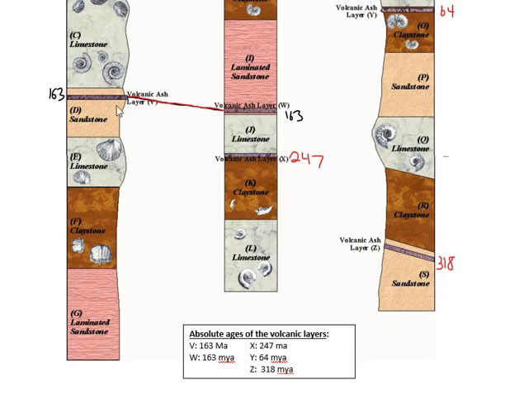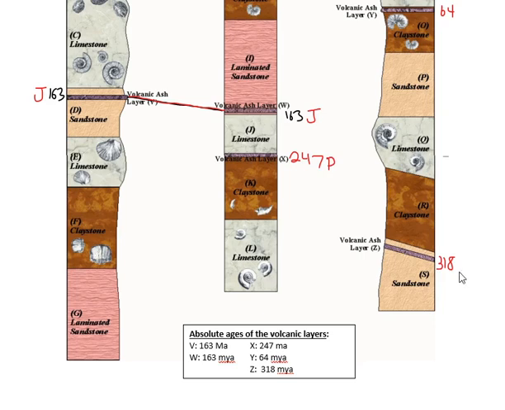So 163, if you go to your geologic time scale and look up 163 million years ago, you'll realize that was in the middle of the Jurassic. So I'm going to put a J here for Jurassic. Then 247, if you look that up on the geologic time scale, you'll realize that was during the Permian. So I'm going to put a P there for Permian.